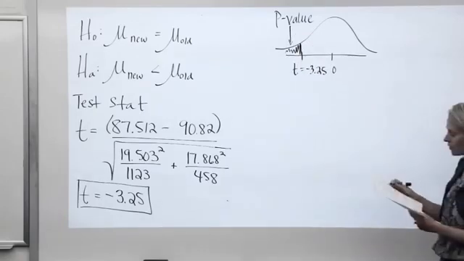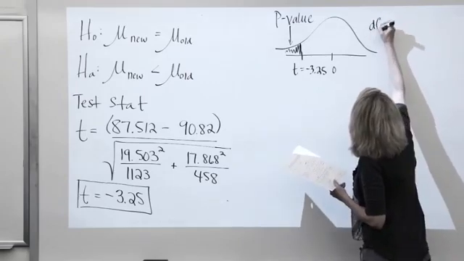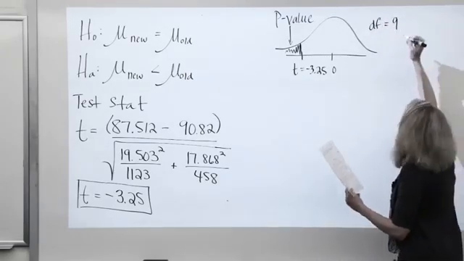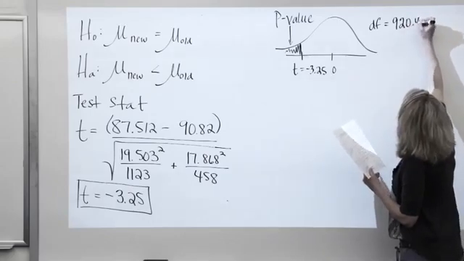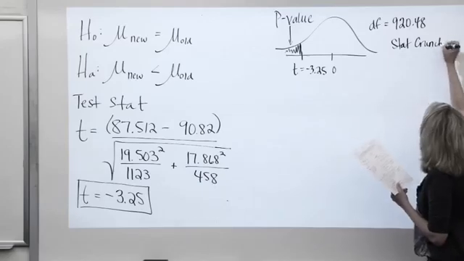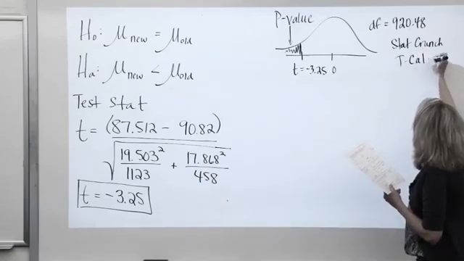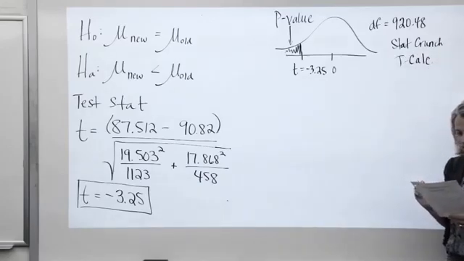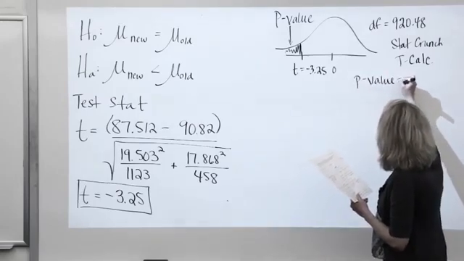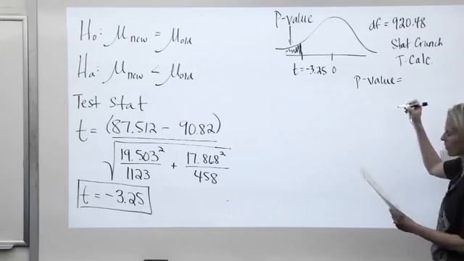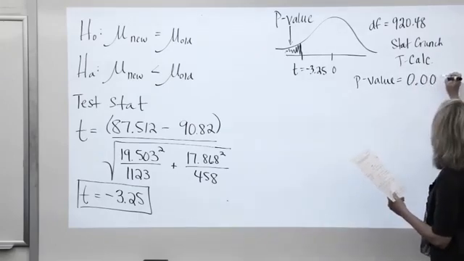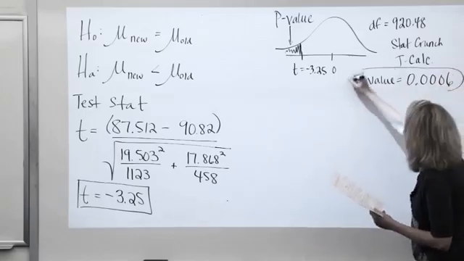Use the StatCrunch calculator. Recall that the degrees of freedom for this t-curve was given in your course notebook as 920.48. So use that t-calculator. You should get a p-value. We're expecting something fairly small there of 0.006.